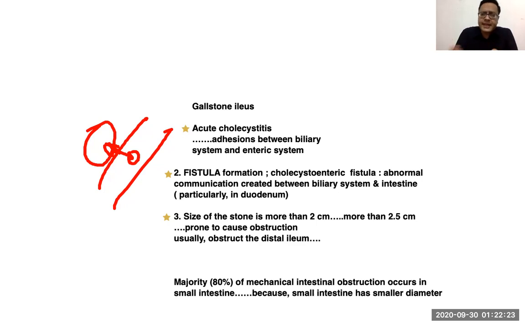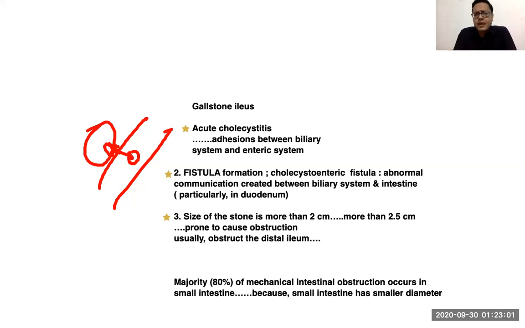Now, if the size is more than 2 centimeters, particularly more than 2.5 centimeters, it would be lodged and stuck at the distal end of the ileum. Why ileum? Because it is the narrowest part of the bowel. And that would cause a mechanical intestinal obstruction. This condition we call gallstone ileus, which I mentioned is a misnomer. Ideally it should have been called gallstone-induced mechanical obstruction, because ileus, in the context of intestinal obstruction, means non-mechanical obstruction. That's why it's a misnomer.